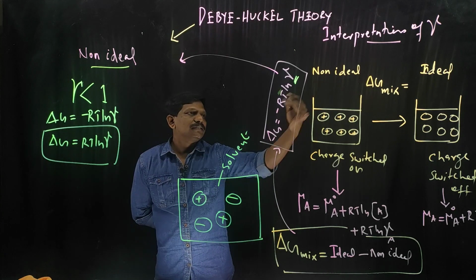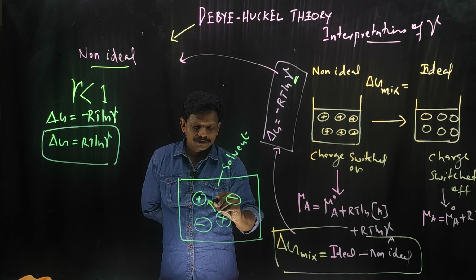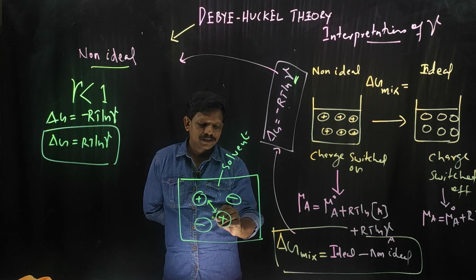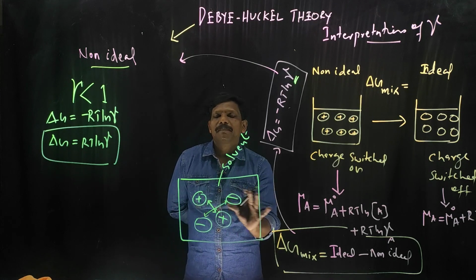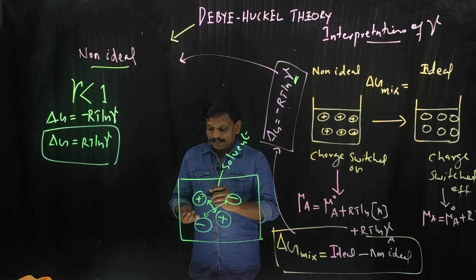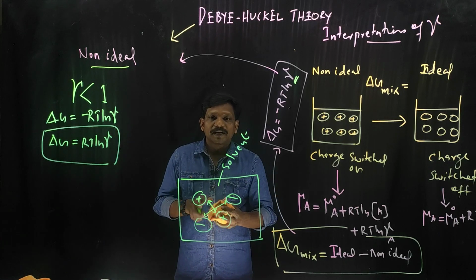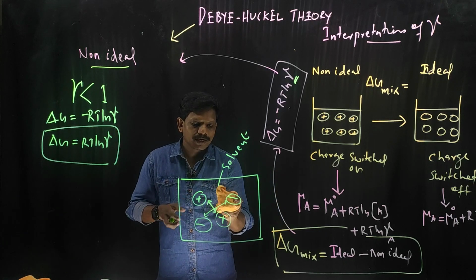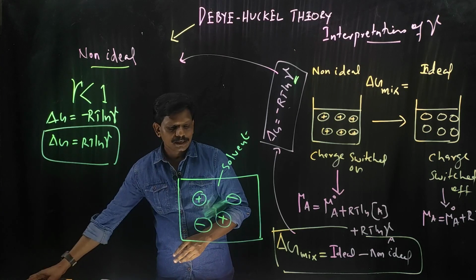This destabilization is actually due to the repulsion between like ions, anion to anion and cation to cation. Anion to anion there is repulsion, cation to cation there is repulsion.